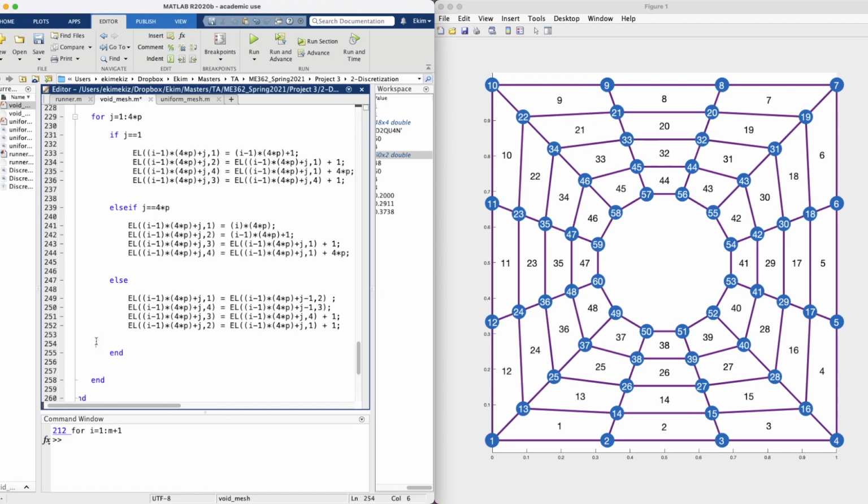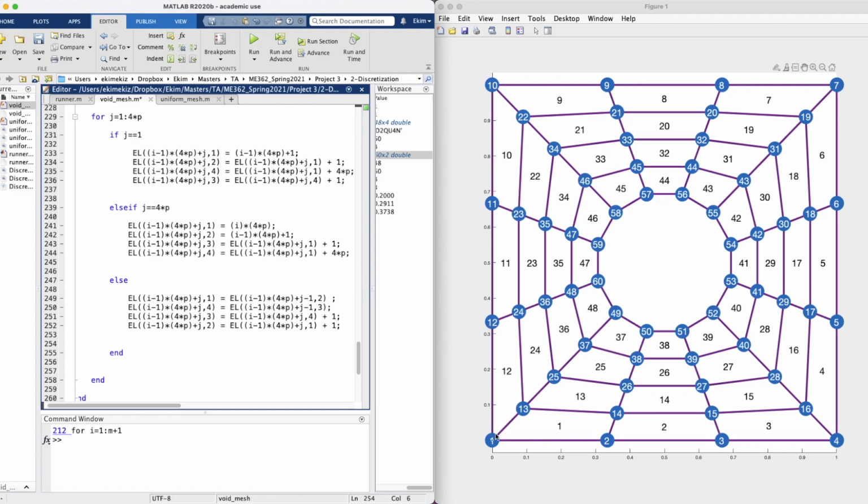I won't really explain it much further, but this is how we normally generate our node elements using the first element of each row. However, if you look at the last ones, they break the rules. So remember, for this one, this is the first node, this is the second, this is the third, and this is the fourth. So normally our second node is the first node plus 1.